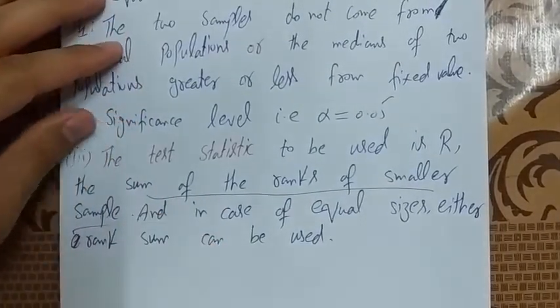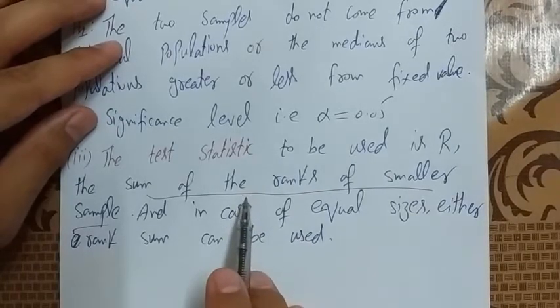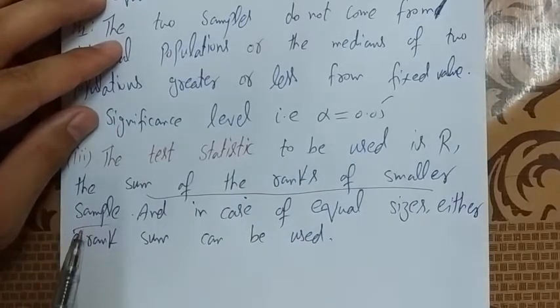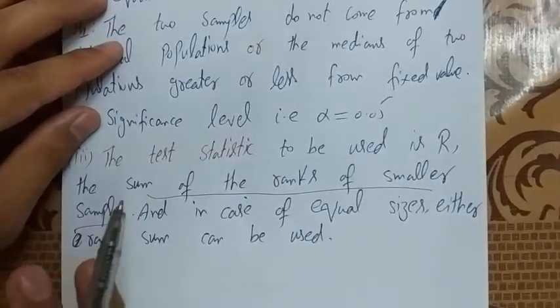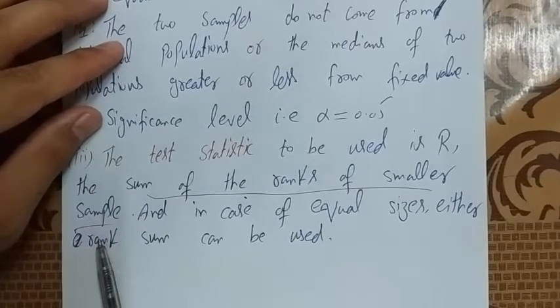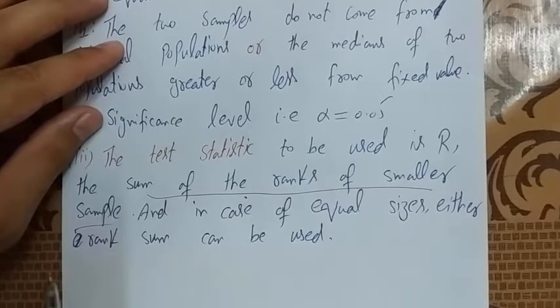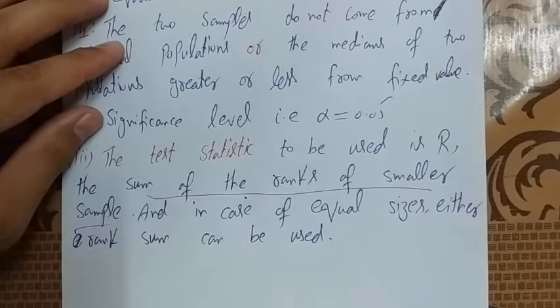Students, if you see the previous video about the Wilcoxon rank sum test, I solved problem number 24.5, and in the test statistic step I used sample 1, because in sample 1 the size n1 is less, I think n1 is equal to 6, and in sample 2, n2 is equal to 9.